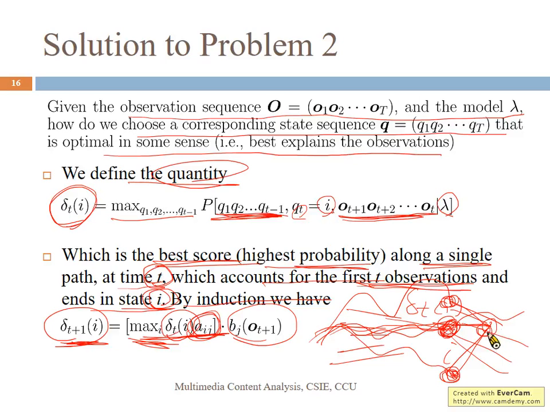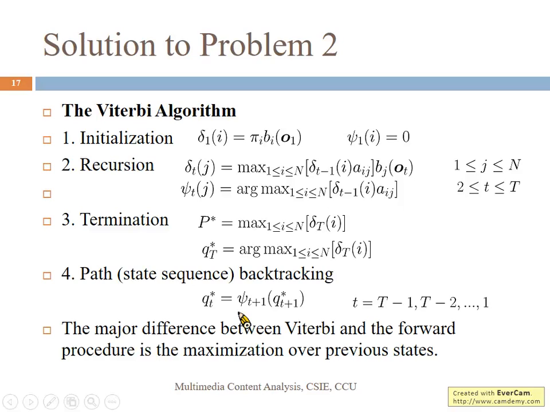So maybe we find that going along this path and then from here gives the largest probability. And this is defined as delta t(i).